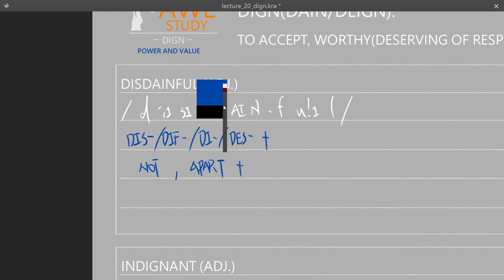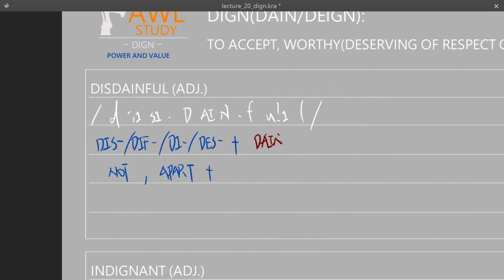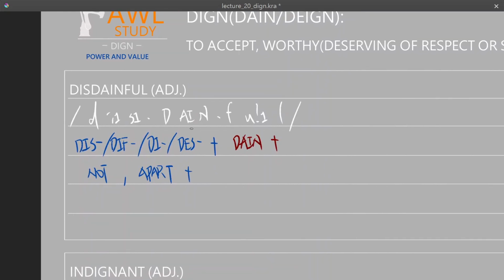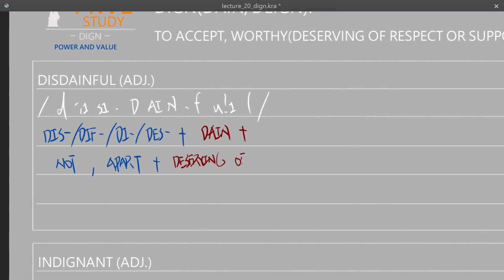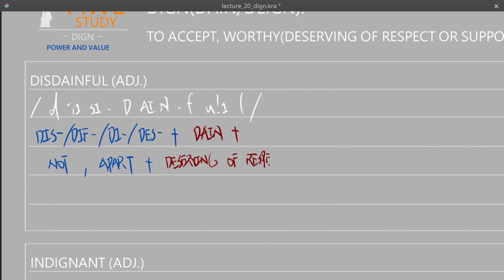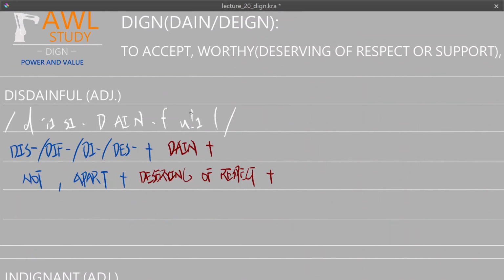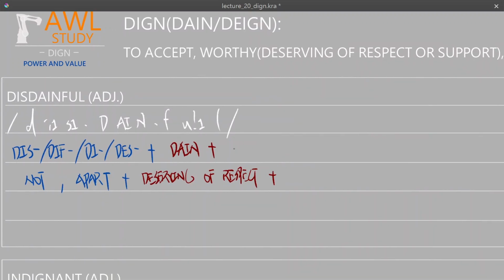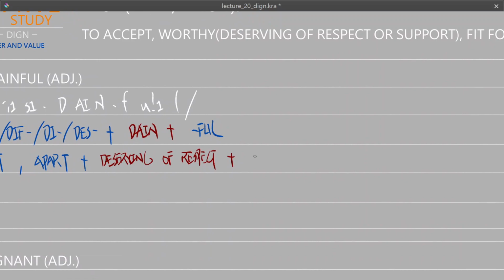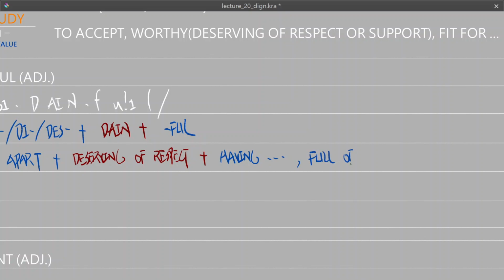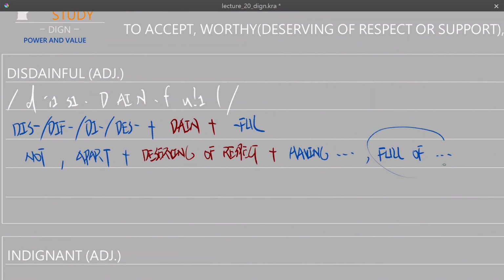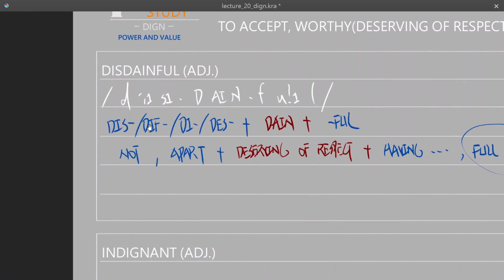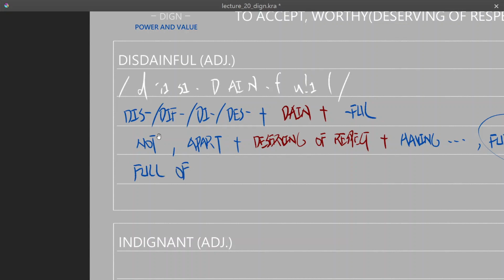And we have the root DIGN, meaning deserving of respect. And lastly, we have the adjective suffix FUL, that is having something or full of something. So disdainful literally means what? It means full of disdain.